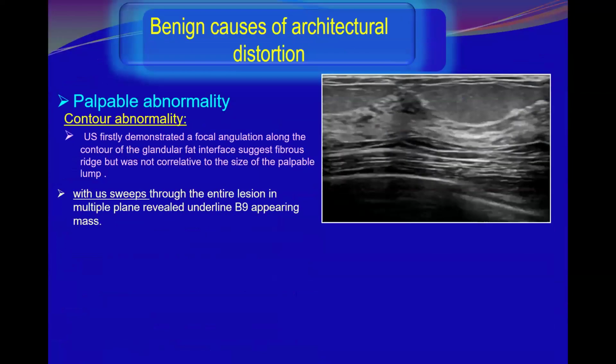This is my patient also. Here we can see a contour abnormality. Again, contour abnormality, we consider it an architectural distortion. And this patient presented with a palpable abnormality. At the site of the abnormality, at first glance, we saw this fibrous ridge, and some shadowing is seen here. It can be from the Cooper ligament.